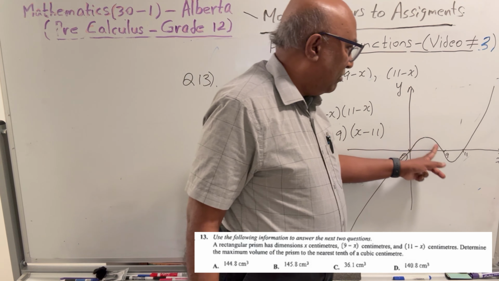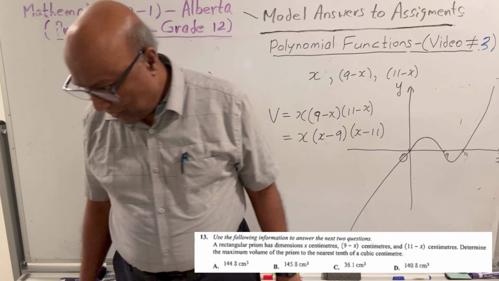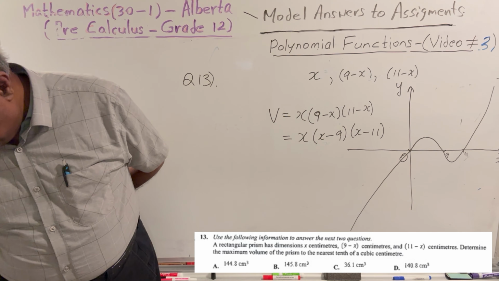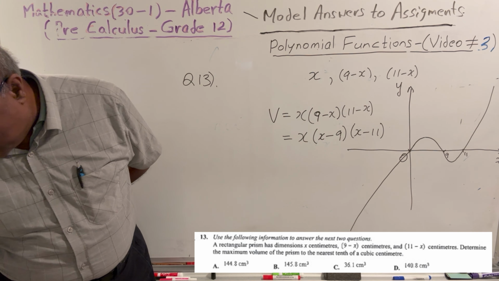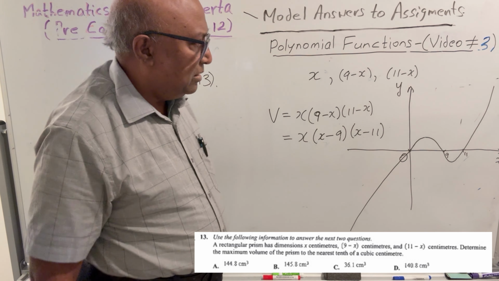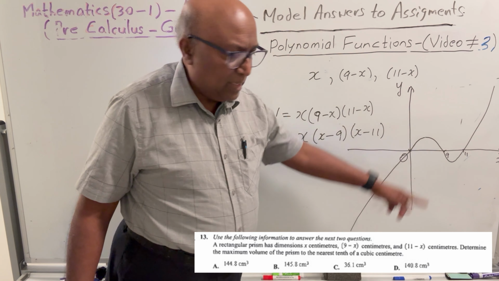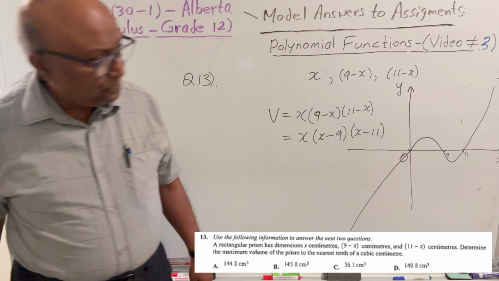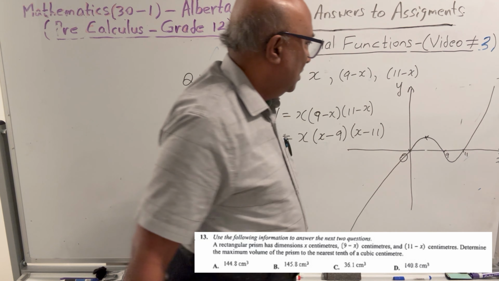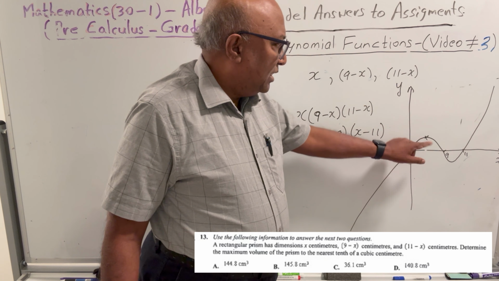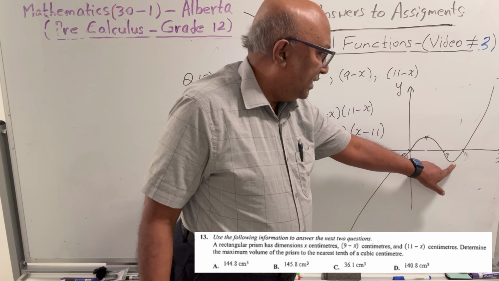Then you get a graph of this kind. What the question says is, determine the maximum volume of the prism to the nearest cubic centimeter. You know, this is the maximum value, no? The y-coordinate is maximum at this point, minimum at this point.